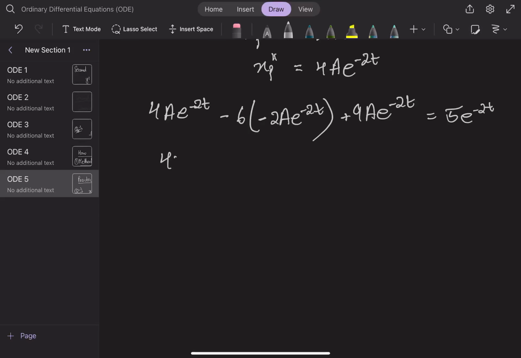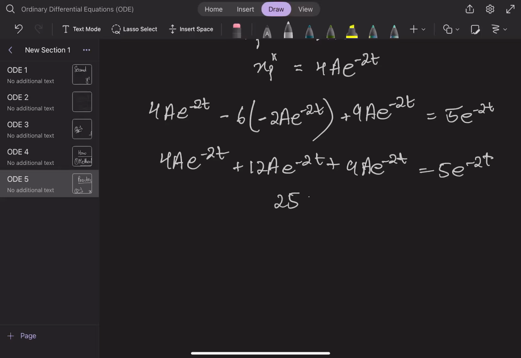Now let's solve this. So this is 4a e raised to minus 2t plus 12a e raised to minus 2t plus 9a e raised to minus 2t is equal to 5 e raised to minus 2t. So when you add this, you get 25a e raised to minus 2t is equal to 5 e raised to minus 2t.